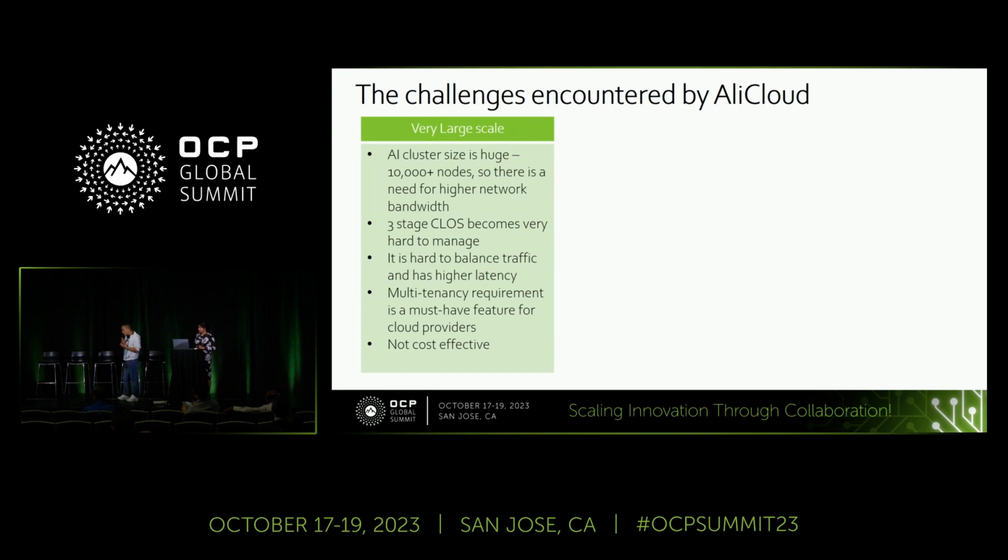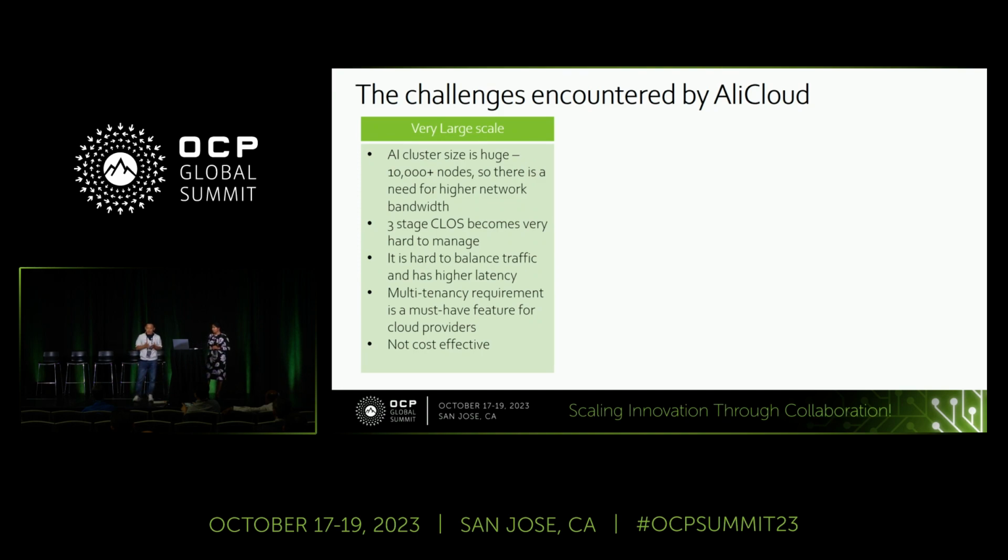The previous generation 3-stage cloud network is actually hard to manage and has less performance for AI training workloads. To be specific, more hops means more complex load balancing, which is harmful for bursty, low-entropy elephant flows, right? Another challenge is multi-tenancy.